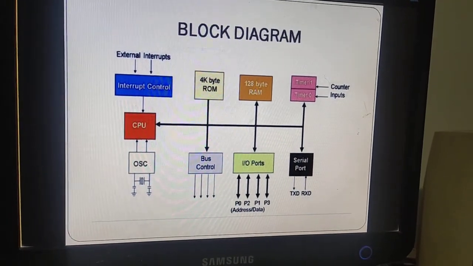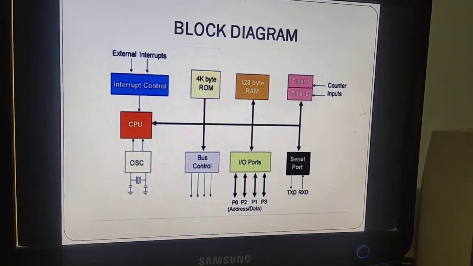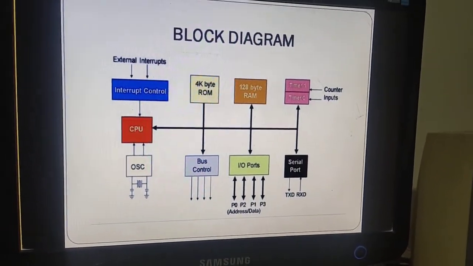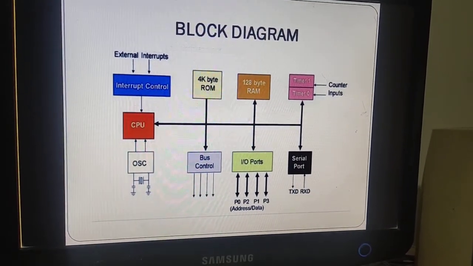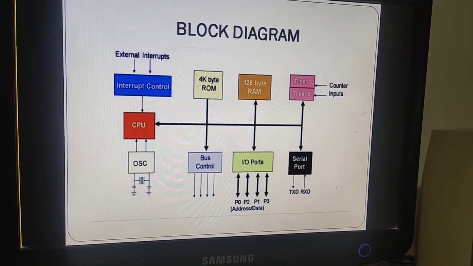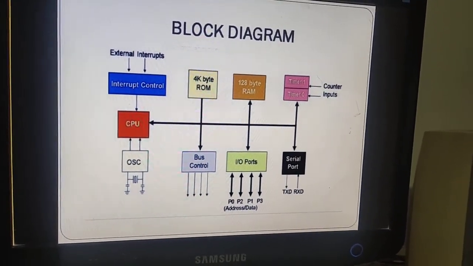The CPU of 8051 will be triggered by an oscillator, and that is what gives it the speed. And the CPU is also connected with interrupt control that will halt it if there are certain things outside the CPU to be serviced.